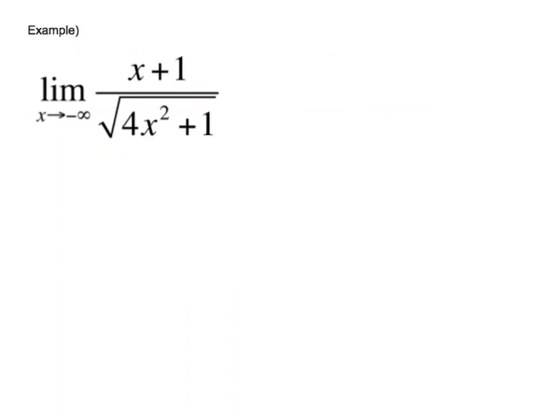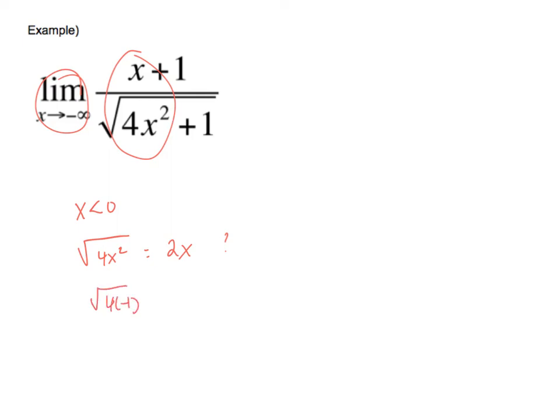Here's another example. We're looking on the left-hand side. We're looking when x is negative. Here's our leading terms. If x is negative, does square root of 4x squared always equal 2x? Okay, well, let's use our negative number. 4 times -1 squared, square root of that, does it equal 2 times -1? And in this case, it does not, right? The left-hand side comes out as +2.